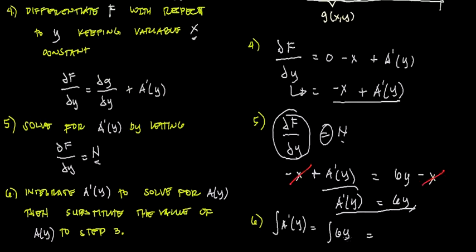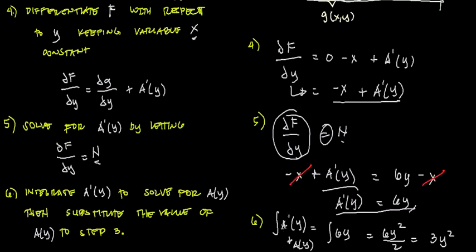This is the integral of 6y. We have 6y squared all over 2, or 6 divided by 2, we have 3y squared. So if we take the integral of this A prime of y, we can now determine the value of our A(y).